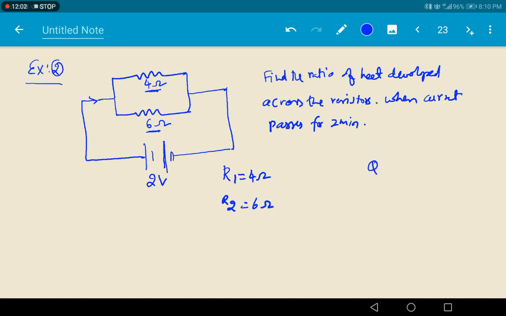So Q we can write as I squared R T. The time is the same but not the resistance and current. So in this case we should find out the current passing through the 4 ohm and the current passing through the 6 ohm. Before that, we should know the net current in the circuit.